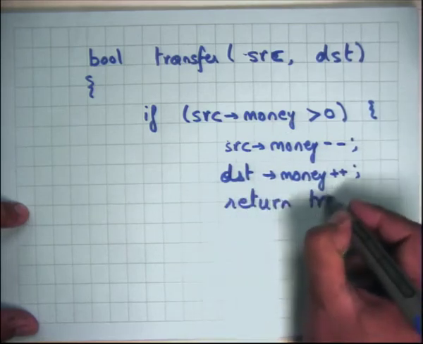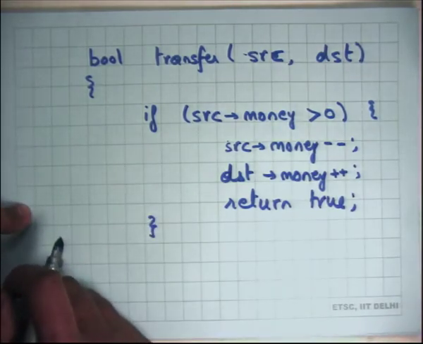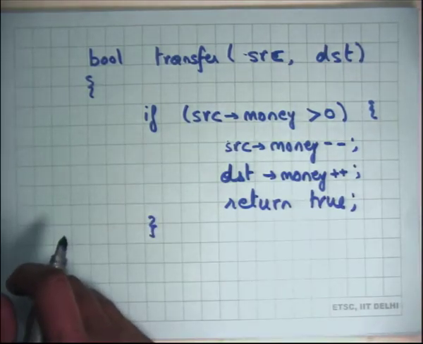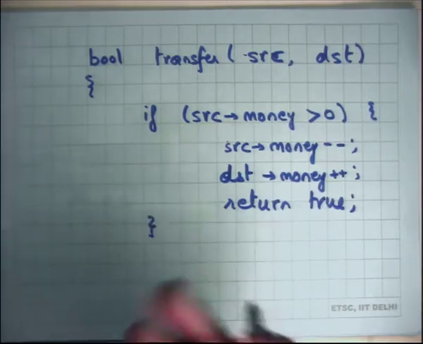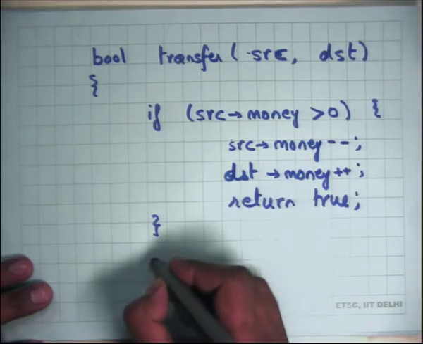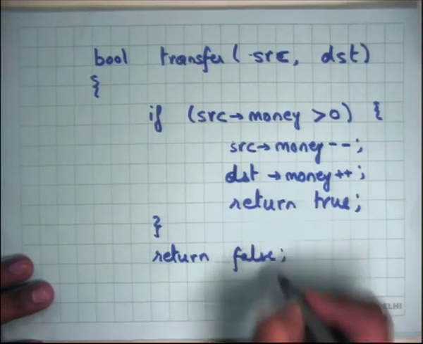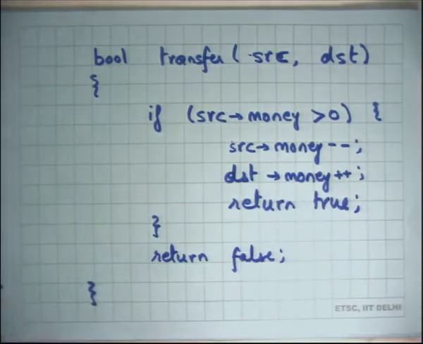The intent of the transfer function is to transfer 1 unit of money from the source account to the destination account, and it can only transfer if the money is actually positive, and otherwise it just returns false. So this is my transfer function.